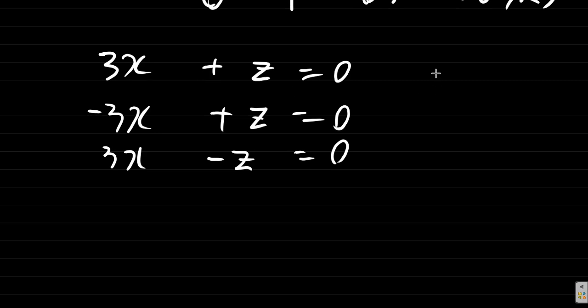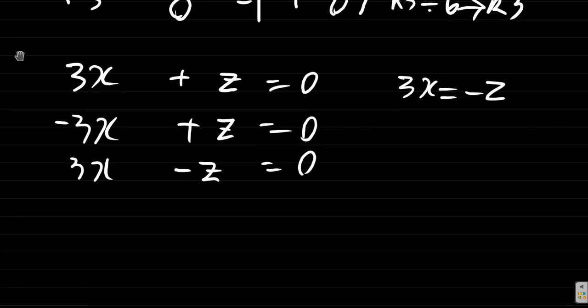In this case, 3x is equal to negative z. There is no one specific value for x, y, or z. It's a vector, so these are just vectors that have directions. Here, 3x is negative z, so x will be negative z over 3.